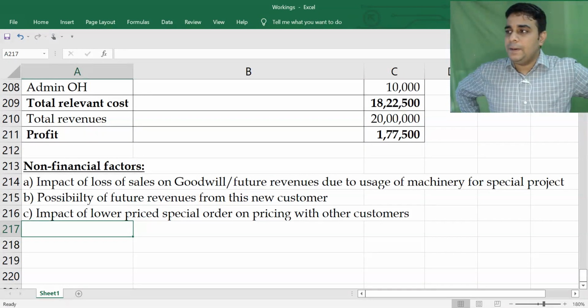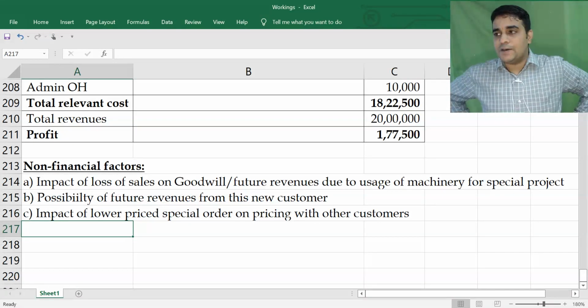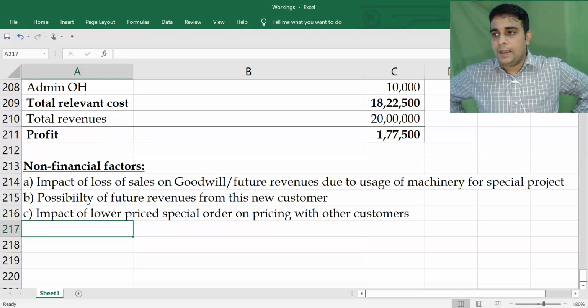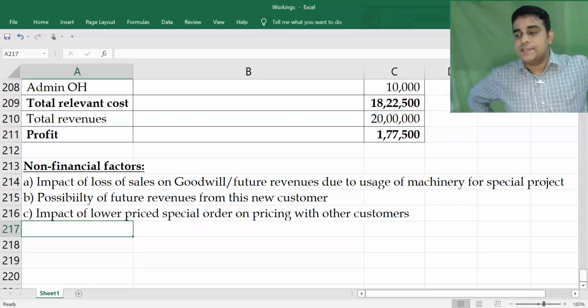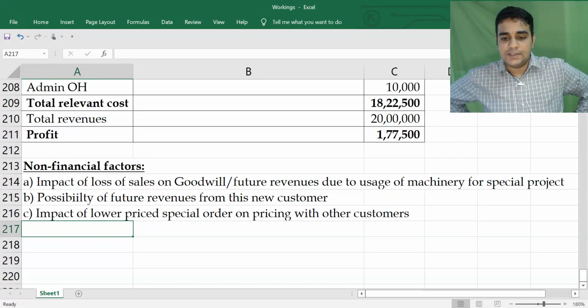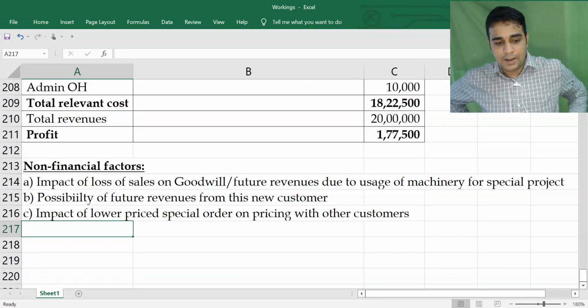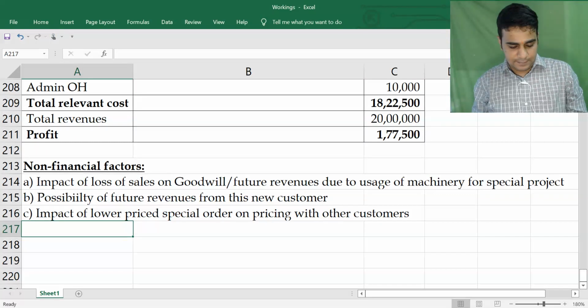So if you are keeping this price lower, is there a possibility that your other customers will start questioning you? They may come back saying that you have given a special pricing. So is there a possibility of that impacting or not? We need to see. I think these are the broader points I find.